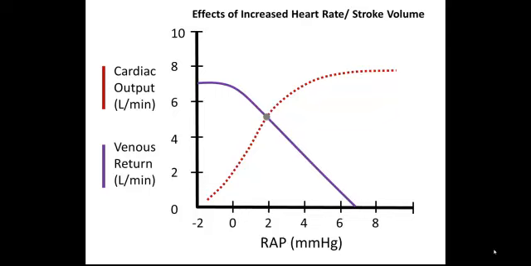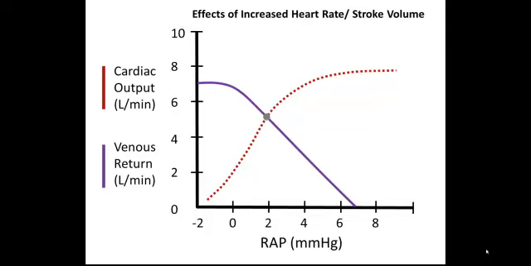So as you increase right atrial pressure, this opposes the flow of blood into the right atrium, thereby decreasing venous return. Under steady state conditions, the right atrial pressure must be at a value that will precisely match the rate at which blood is leaving the heart, which is the cardiac output, and the rate at which blood is returning, which is the venous return.